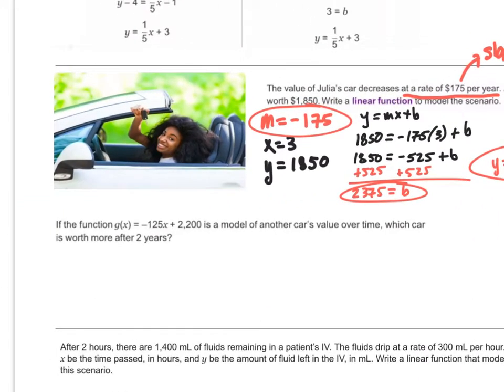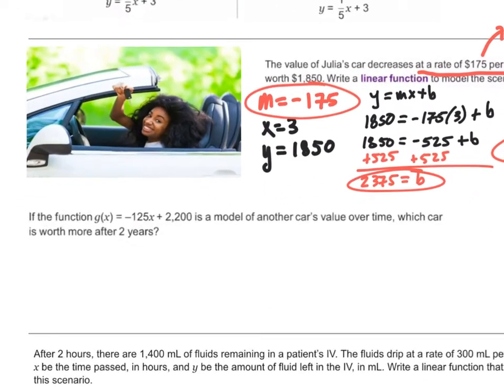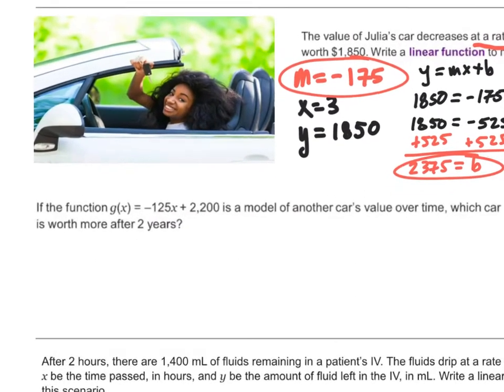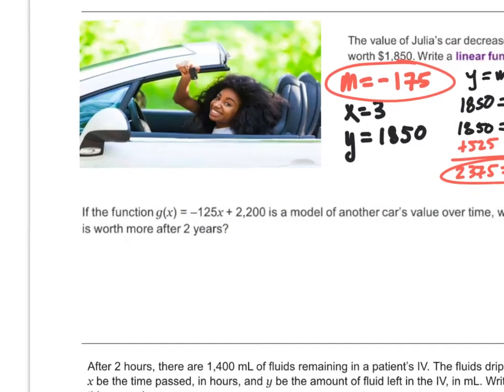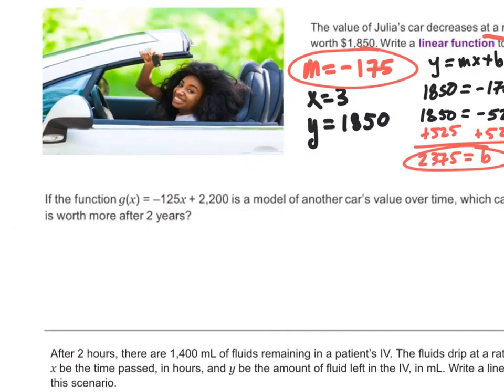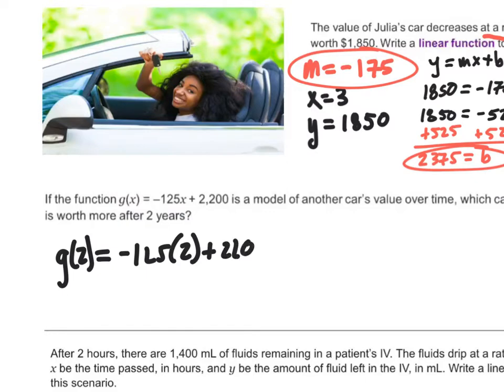Okay, so if you have a function over here where it says the function g of x represents negative $125x plus 2,200 is the model of another car's value over time. It says which car is worth more after 2 years. So let me find g of 2 here. That just means I'm going to take negative 125 times 2 and then plus 2,200.